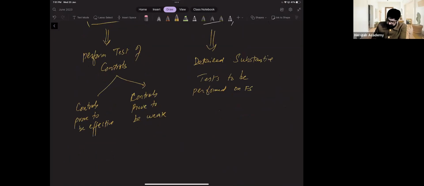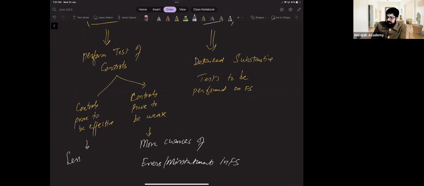So when ineffective, then more chances of errors and misstatements in financial statements. Less chances when controls are working well, because things must be recorded correctly in financial statements.